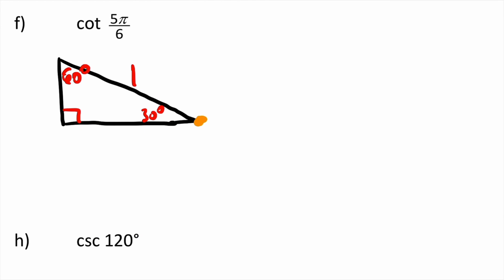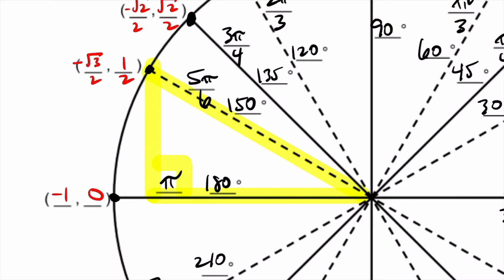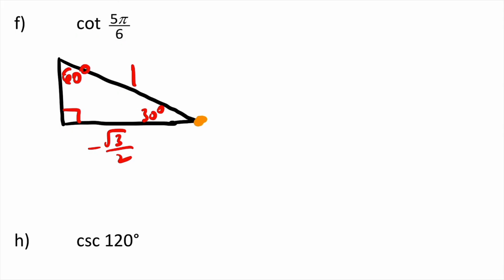Negative square root of 3 over 2. The height of the triangle is right here. Since I went up, it's going to be a positive number. Positive 1/2. All right, label done. Draw and label done.